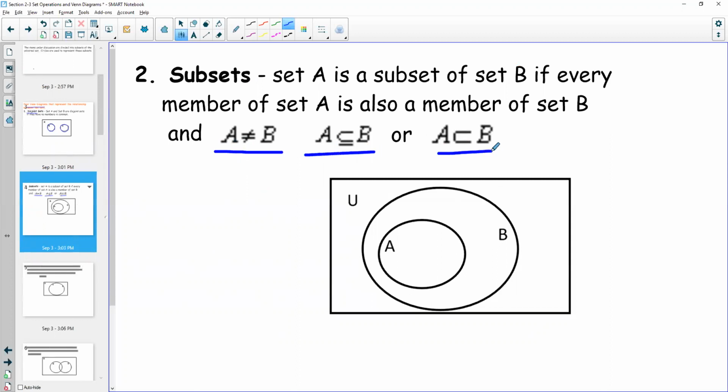Because they are not equal. So if we think about this the same way, the universal set could be pets, B could be cats, and A could be cats that are gray. Okay, all of the cats that are gray are actually inside the set of cats. That's inside the set of pets.